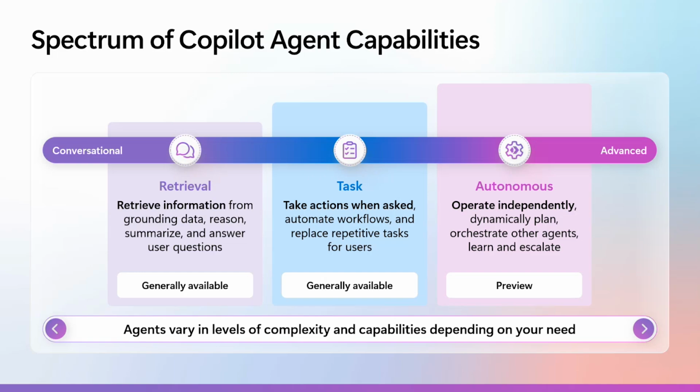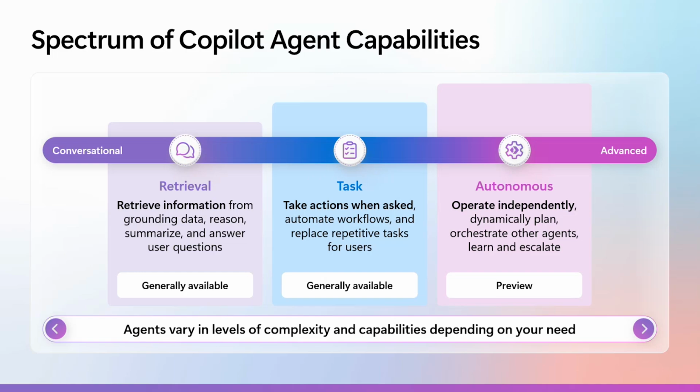Simple agents like those created with Agent Builder are created for straightforward tasks. In contrast, advanced agents developed using Copilot Studio can handle more complex operations.